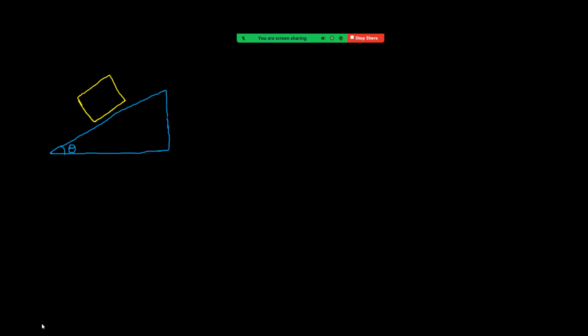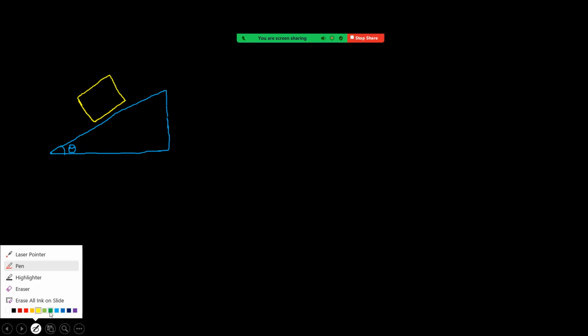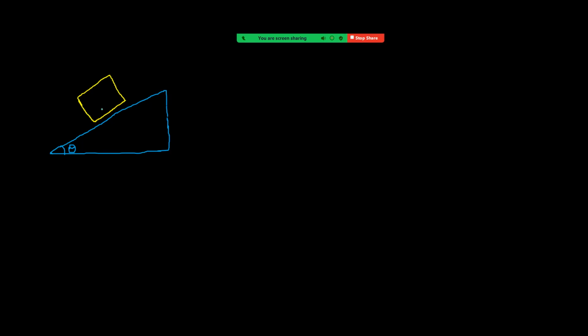Let us see now the forces acting on the block. You can see normal reaction. At this contact, we can focus frictional force. It is now sliding down, so friction is kinetic.